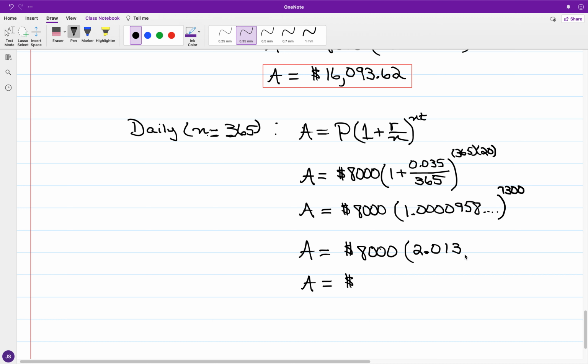Then going from quarterly to monthly, about a $32 and some change jump. From monthly to daily, it's not quite so dramatic a change, close to $16, but with daily you're very close to maxing out. And the jump from daily to continuous is about 54 cents.